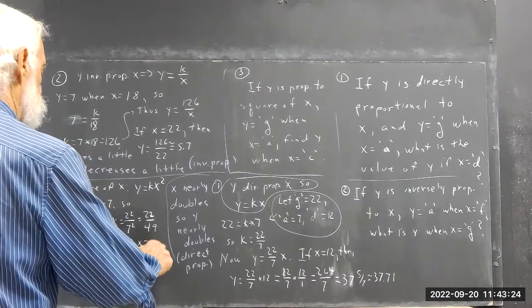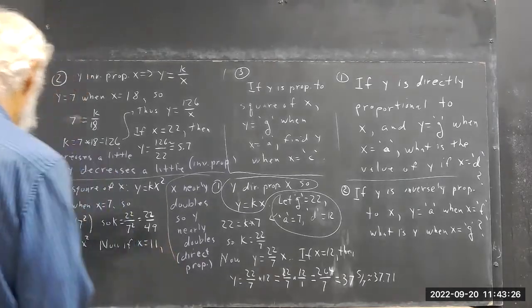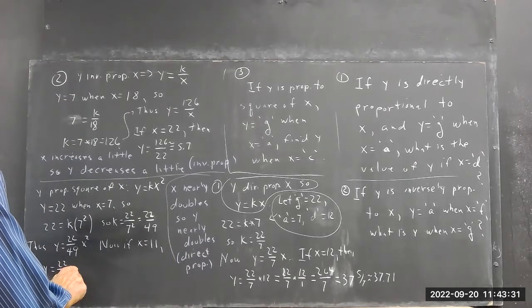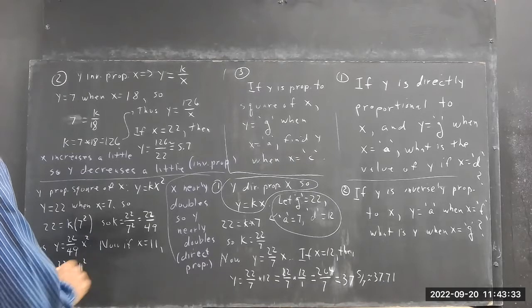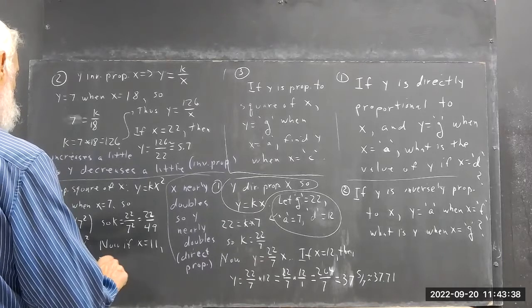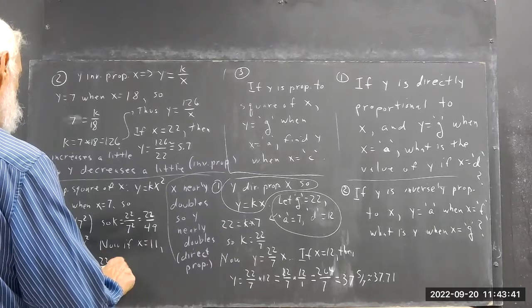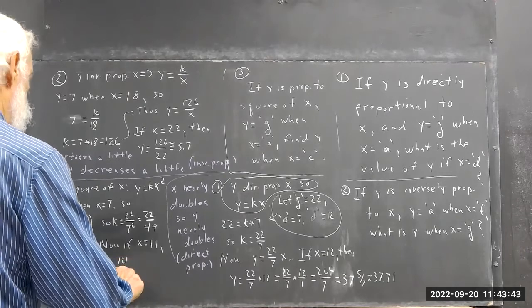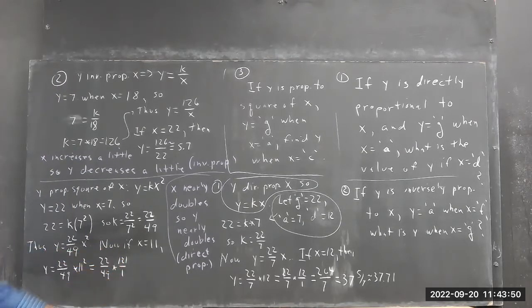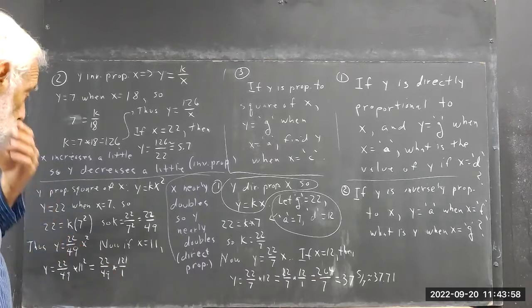If x equals 11, you get 22 over 49 times 11 squared. And I'm going to write that now, 121 over 1, to remind us to multiply numerators and multiply denominators. And I really don't want to try to figure out accurately what 22 times 100.